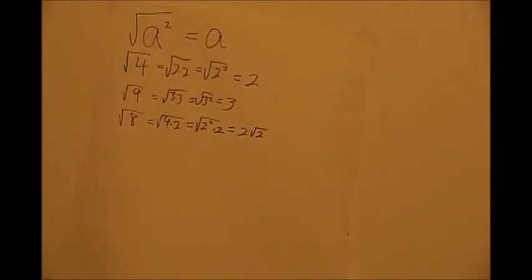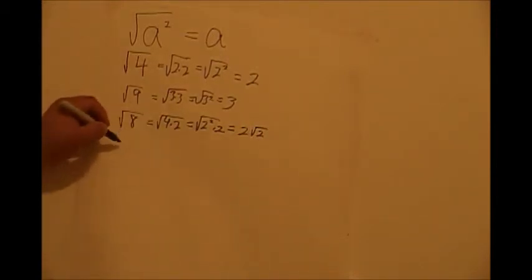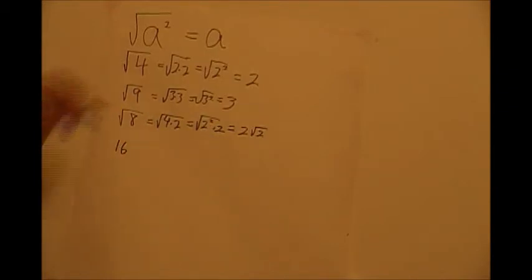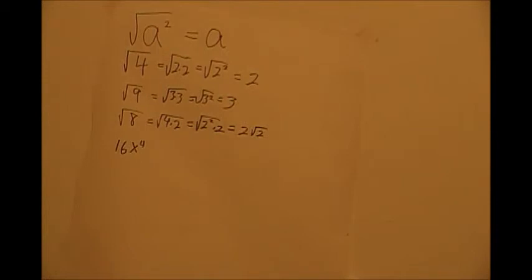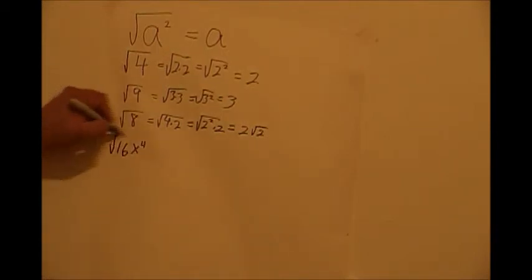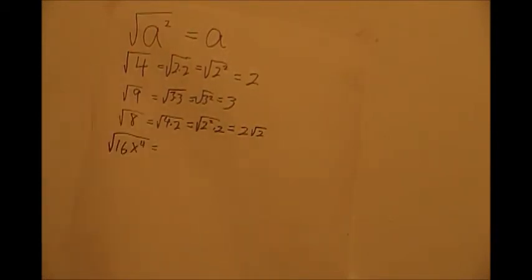Okay, let's try one where we have a monomial. So we have a number and a letter, or a variable. Let's say we had 16 x to the 4th power, and we're going to square root that. Well, what are the factors of 16?